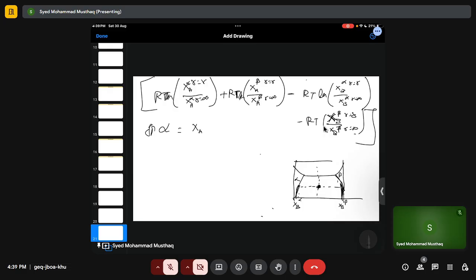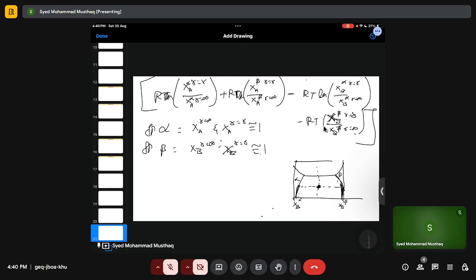XA at R equals infinite and XA at R equals R are approximately equal to 1. For beta, XB at R equals infinite and XB at R equals R is approximately equal to 1, because both are lean.